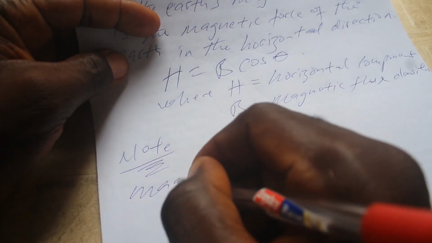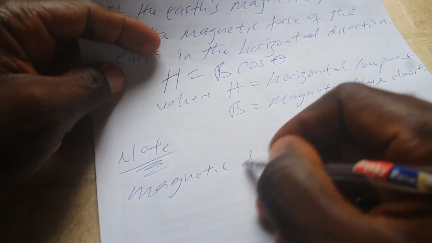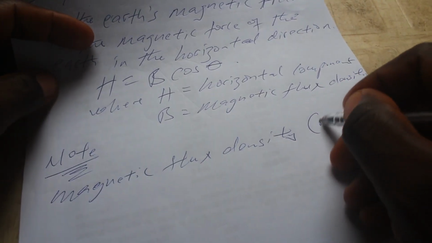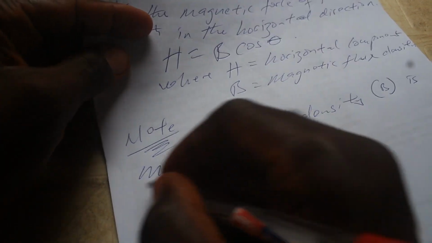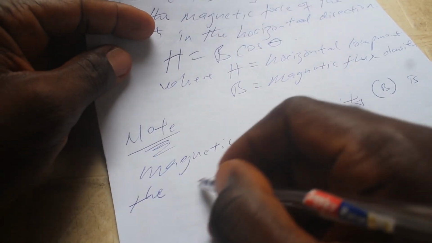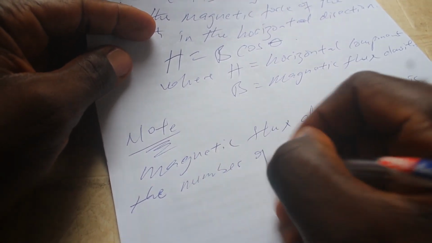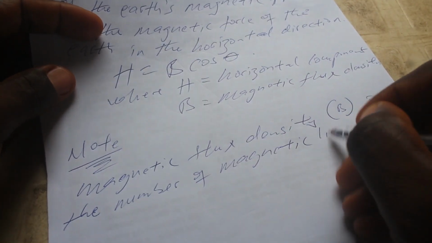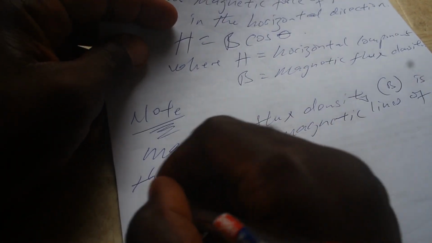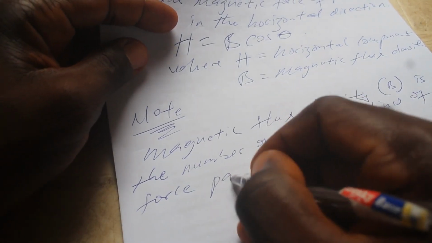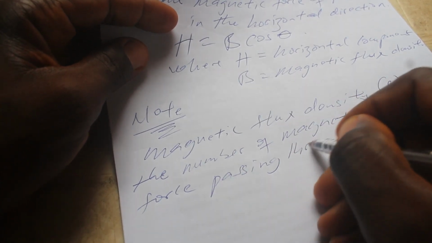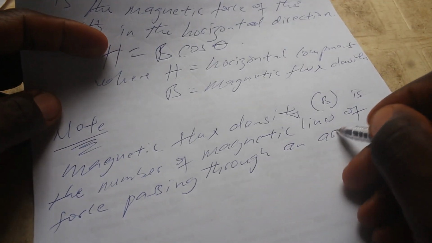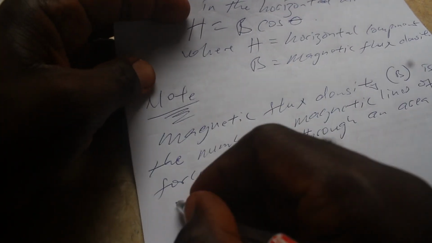The magnetic flux density, which is represented by the letter B, is the number of magnetic lines of force passing through an area in a magnetic field.